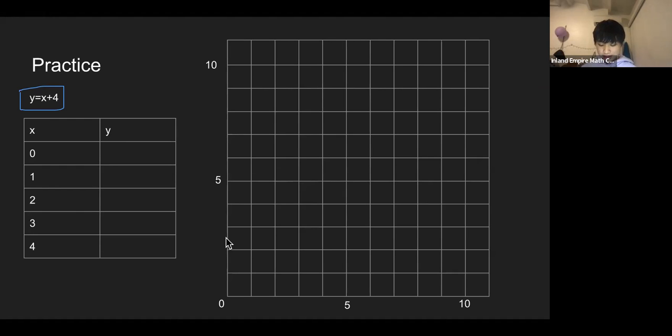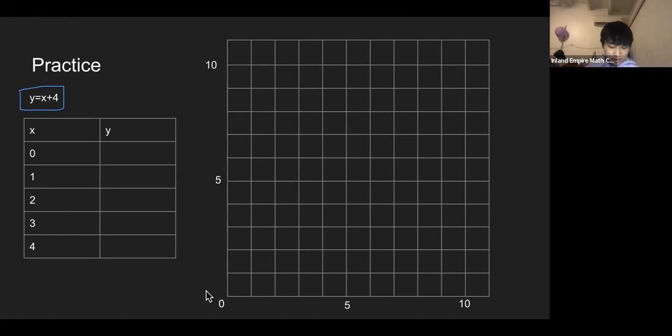Does anyone else have any questions about this? So Loy thinks it's 3. So Loy, why do you think it's 3? And Jasper, why do you think it's 4? So Jasper says because 0 plus 4 equals 4. Yeah, that makes sense.